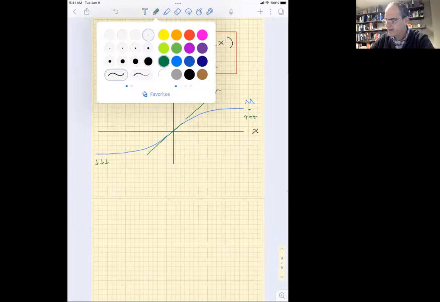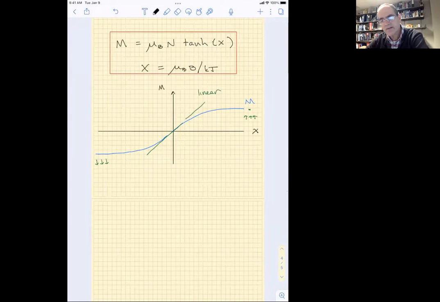Now, we said that in the low field limit, the magnetization is proportional to x, meaning that it's proportional to magnetic field. Let's see what that constant of proportionality means. Because magnetization proportional to field gives us a linear susceptibility at low fields. So first, let's investigate the low field limit. And what that means is that x is much, much less than 1.